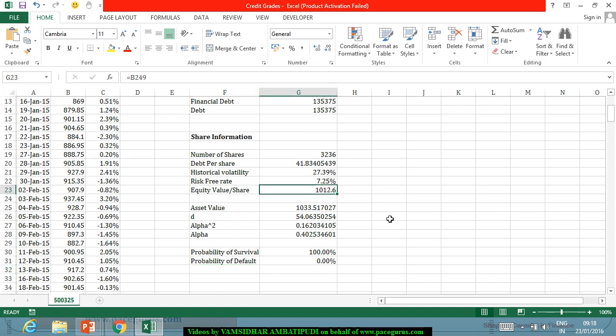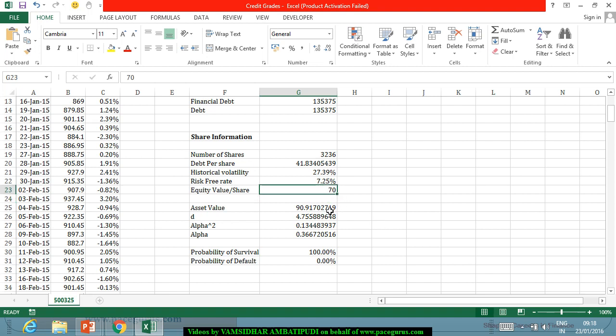Let's say the equity value per share is, let's say, around 100, or probably around 30. Now if the equity value per share is going close to 30, we are seeing that there is a probability of default. If the equity value per share is 50, the probability of default is very, very minimal. If the equity value goes to 70, it is almost shielded.